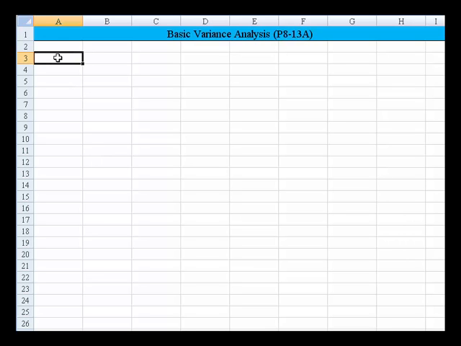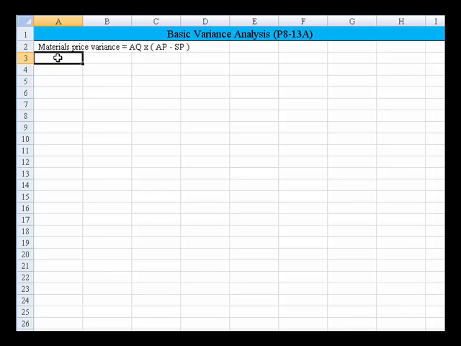I'm going to do this in a relatively straightforward way. Remember that the materials price variance is equal to the actual quantity times the actual price less the standard price.